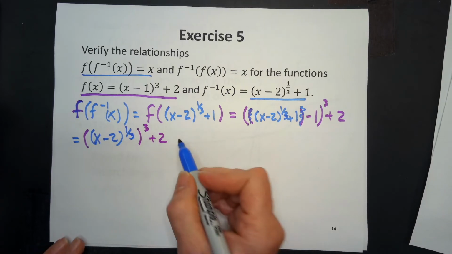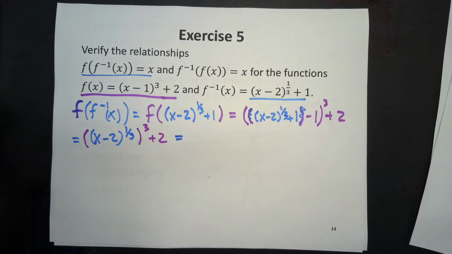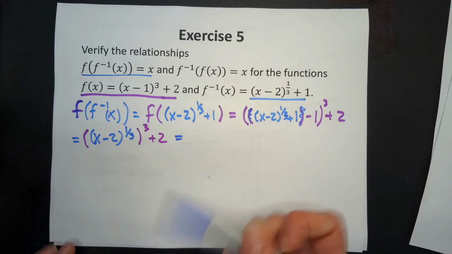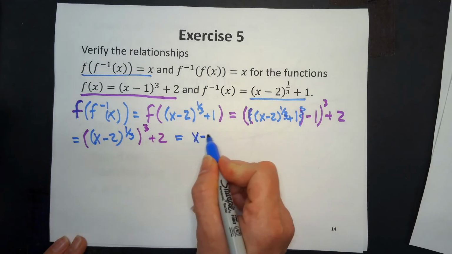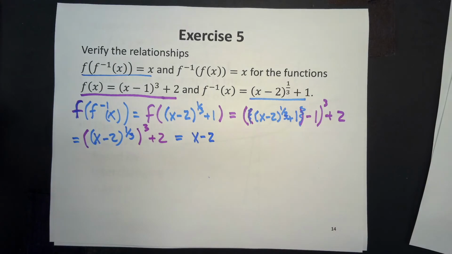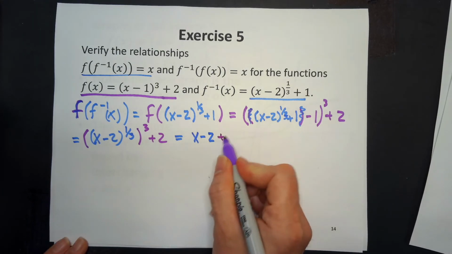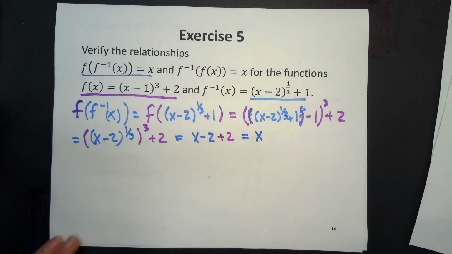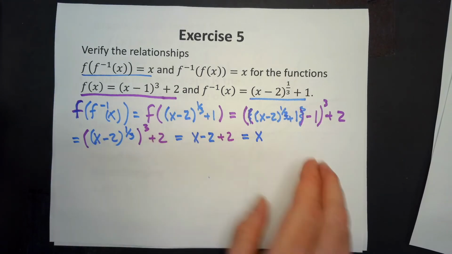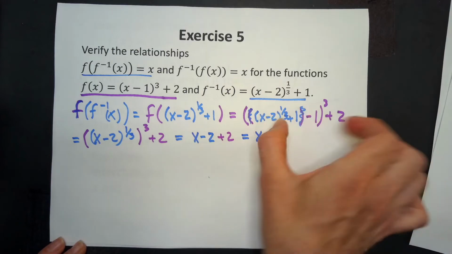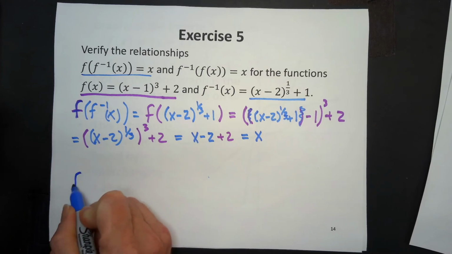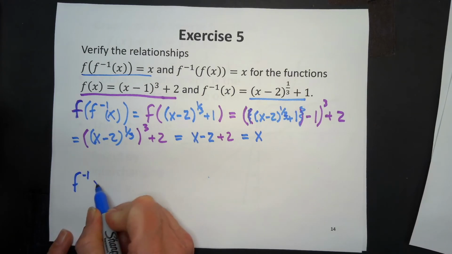If I raise something to the 1/3, then raise it to the third, that'll just give me my x minus 2 back out, plus 2, which will give us just x back out. And so as we compose these functions, we can see how the function would just collapse down into x, essentially.